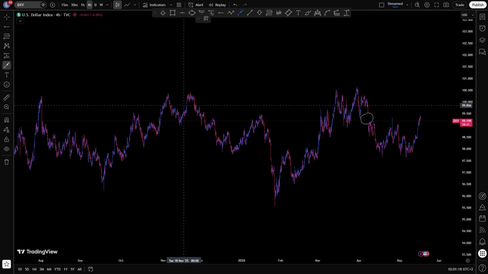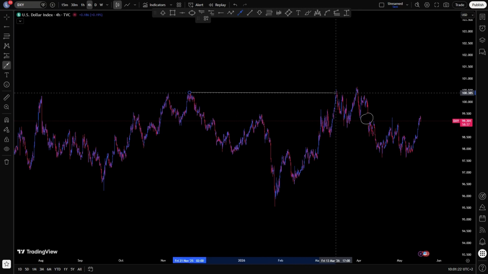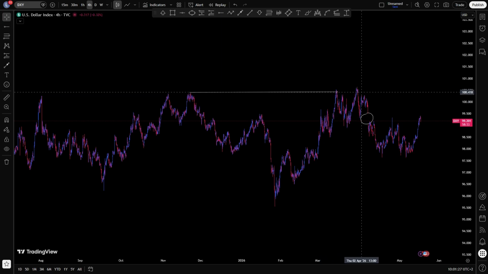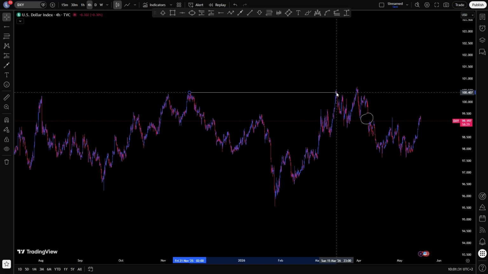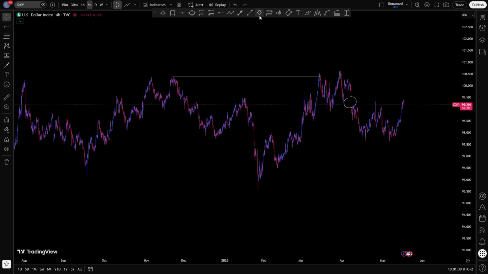The market was at a high, came here and touched here, and then formed some sort of double top before it actually started going to the downside. It kind of delayed a little before it moved to the downside.